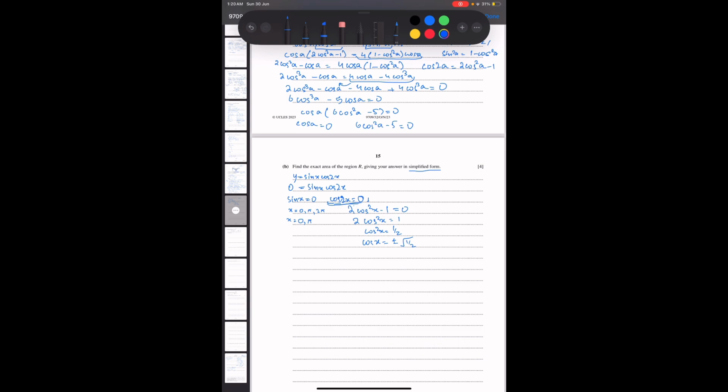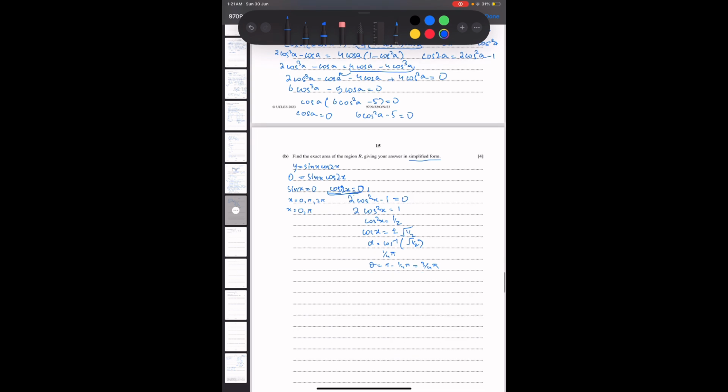Again, according to the range of x, it's just the first quadrant and second quadrant. So alpha would be cos inverse of under root of half, which would be 1 upon 4 pi, and then the second quadrant would be pi minus 1 upon 4 pi, which would be equal to 3 upon 4 pi.